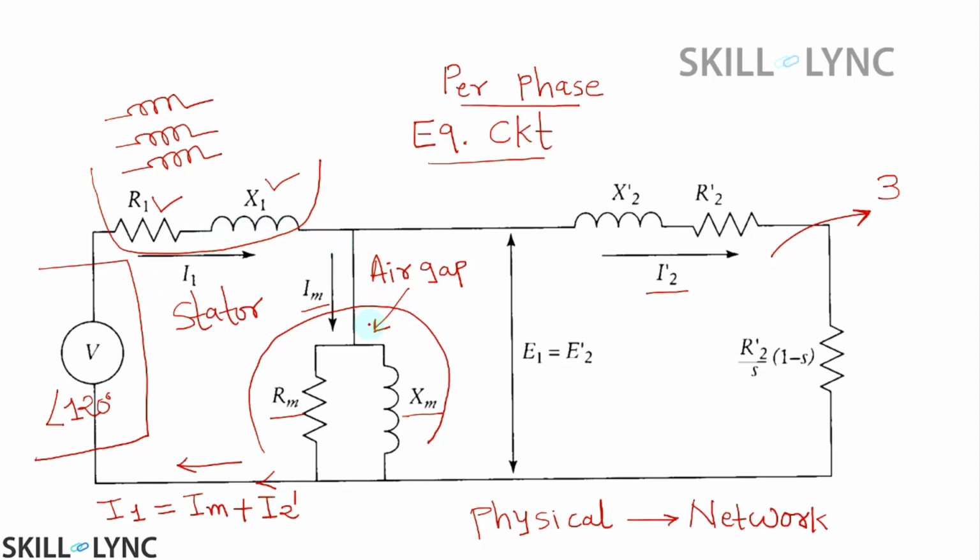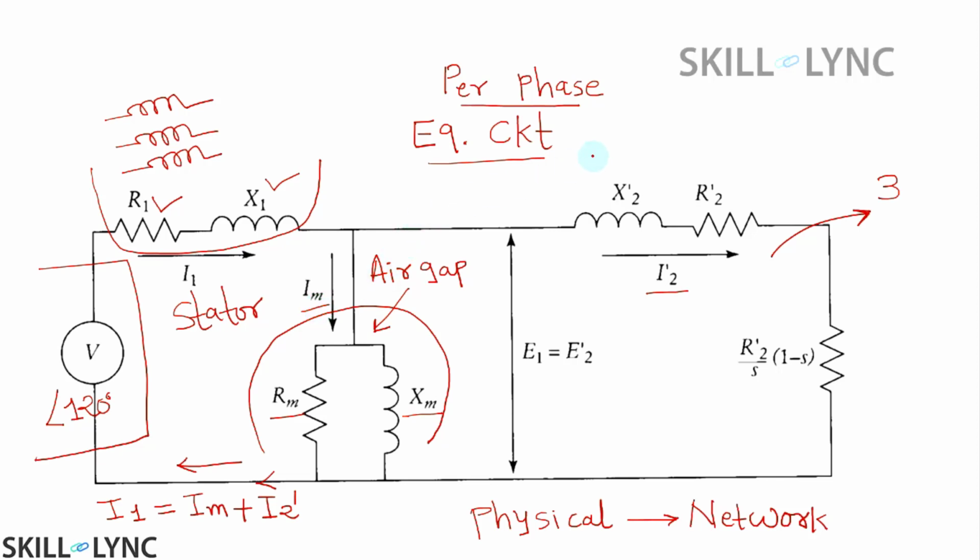The magnetizing current does not get reflected into the rotor side, and it is not useful in generating torque. But it produces an effect such that a magnetic field is established. That is why it is called magnetizing current.